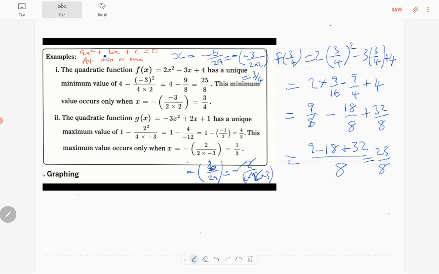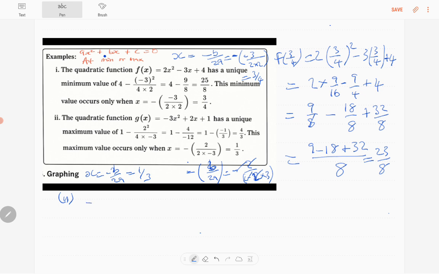Let me recap. This one is a maximum, so we are also going to talk about that briefly. For this second one, s equals minus b over 2a. If you substitute the values, you are going to get 1 over 3.